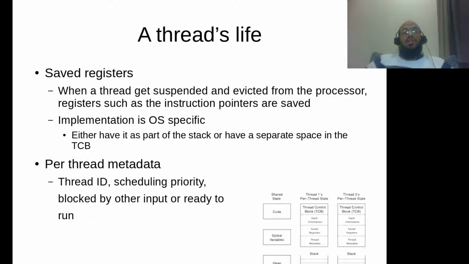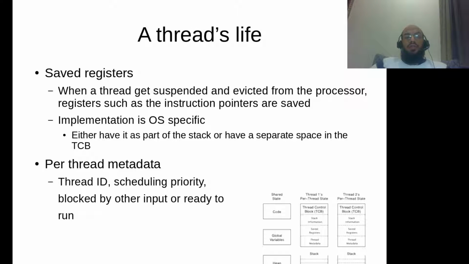Okay, so when a thread gets suspended or evicted because of a hardware interrupt, for example, because it has already been running for a long period of time, you save the registers of your thread in your TCB, your thread control block.